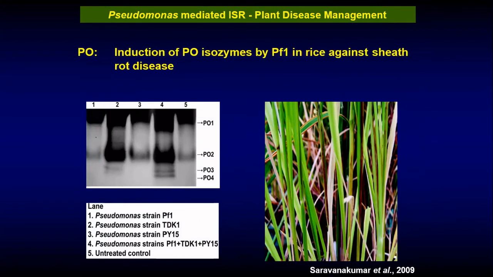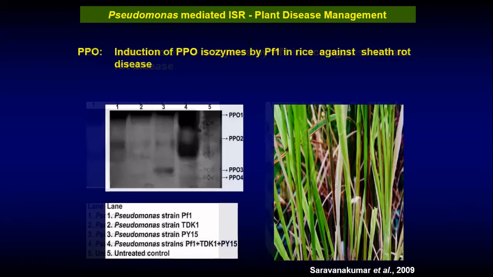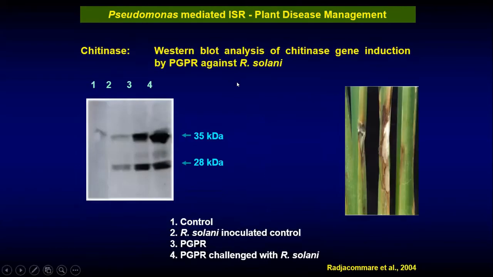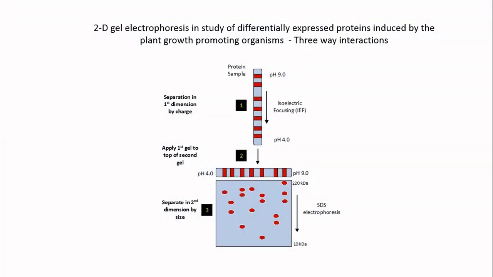Using these defense enzymes, we could identify genes like chitinase or peroxidase. But now 2D gel electrophoresis is the one which separates the samples based on the isoelectric focusing point and molecular weight.